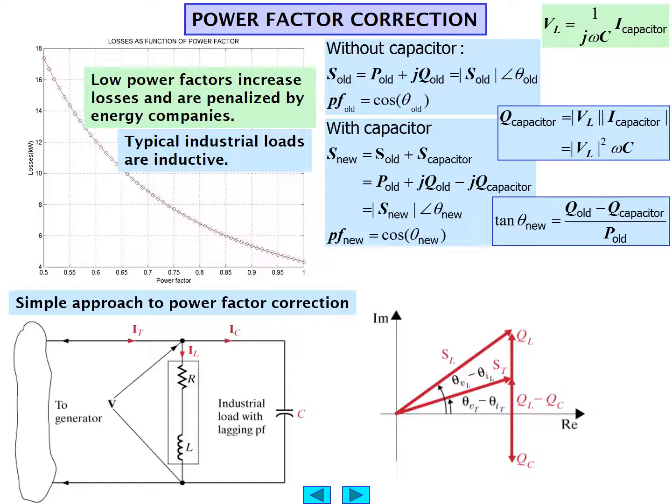The tangent of the new theta new would be Q old minus Q capacitor divided by P old. That's our functional equation. And therefore cosine theta in general, by a trigonometric identity, is 1 over the square root of 1 plus tangent theta squared. We must keep trigonometric identities as part of our analysis tools, and we will use that in order to solve problems.